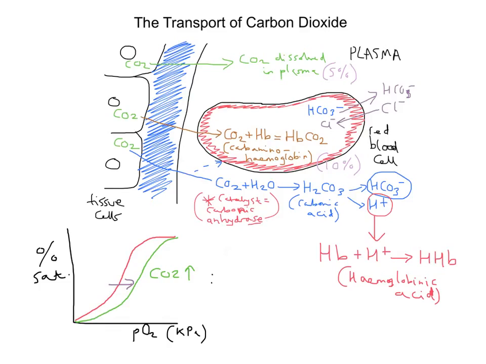So this phenomenon is known as the Bohr Shift. Just to reiterate what I've said there, CO2 rich environment, more carbonic acid ultimately forms. When that dissociates, you get more hydrogen carbonate and more H plus ions. So more hydrogen ions are released. They're going to compete with oxygen for hemoglobin. So ultimately you're going to end up with more oxygen dissociating from oxyhemoglobin.